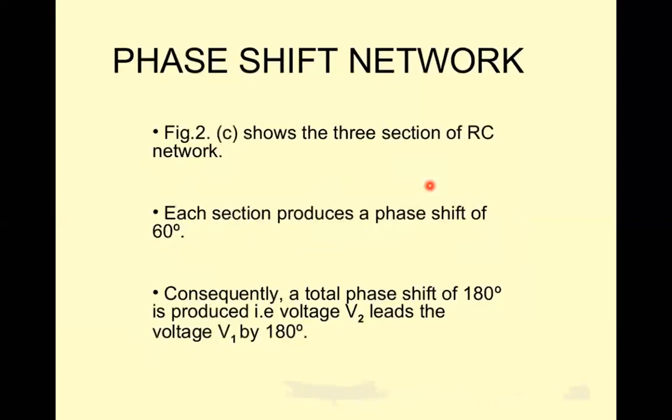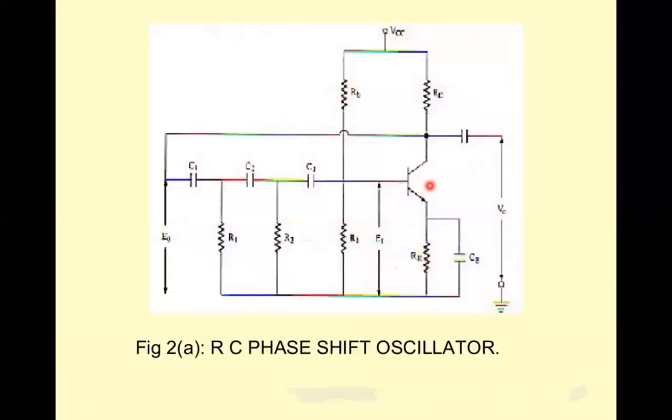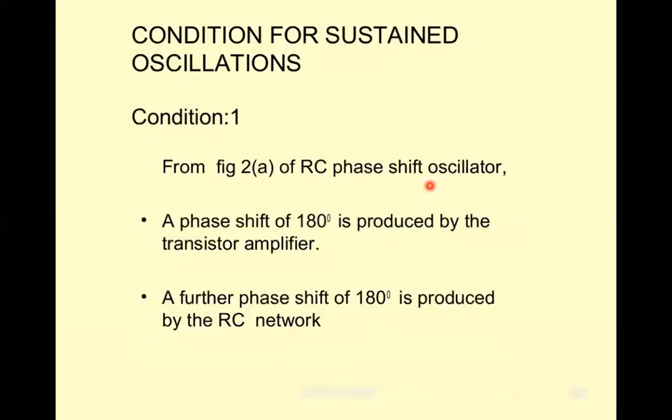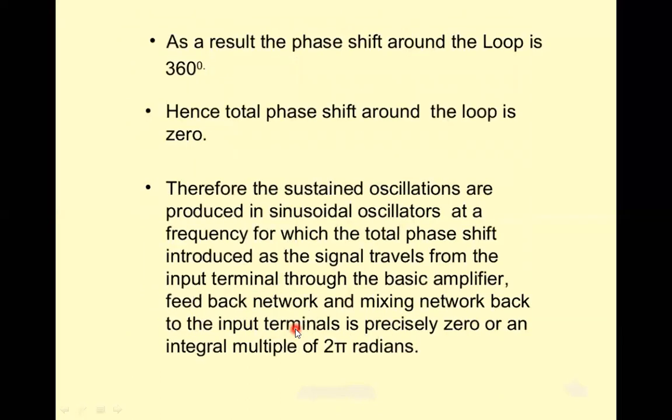This is all we have seen. Because of the 180 degree phase shift of the transistor amplifier, and again a 180 degree phase shift because of the RC network, the phase shift around the loop is 360 degrees. Hence, the total phase shift around the loop is 0 because it is 360.